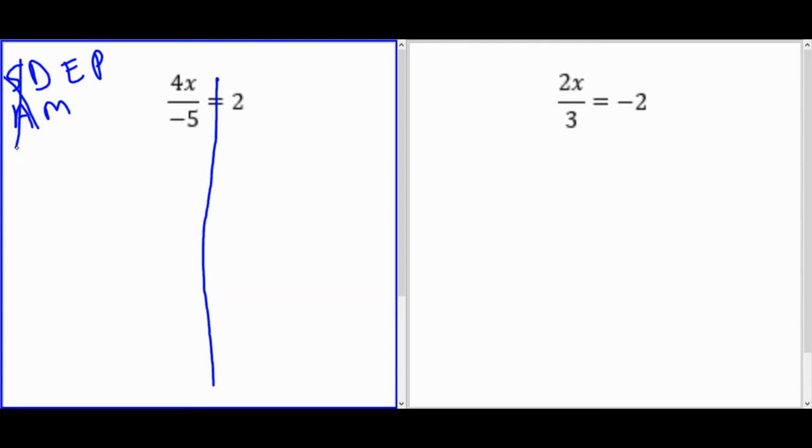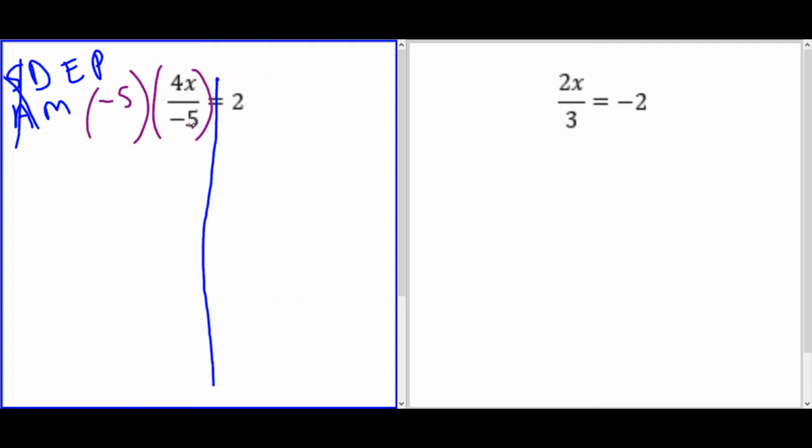So to undo the division by -5, I have to multiply both sides, and be very careful. It has to be the exact same as what's in the denominator. So since -5 is in the denominator, I have to multiply by -5. Multiplying by 5 will lead you to a wrong answer.